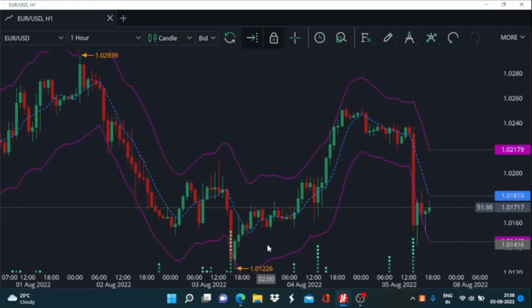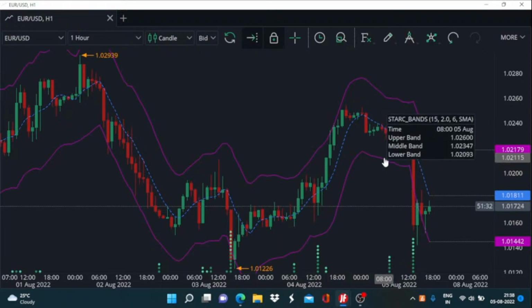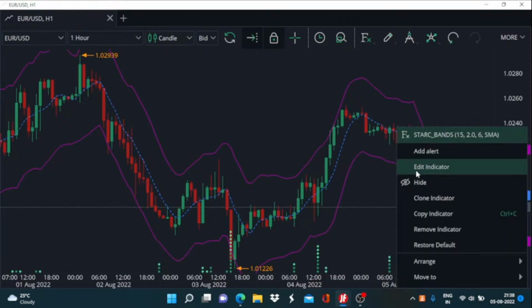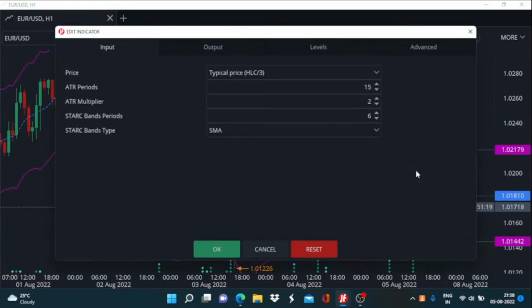So here the chart has been plotted with the candle period being hourly, and the instrument of choice is the EUR/USD. On that, I have plotted these STARC bands with the default setup. The combination is of SMA, and we are using the ATR period of 15 with the ATR multiplier being 2, and the STARC band period is 6.